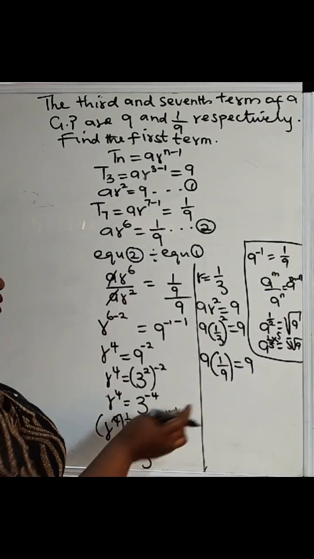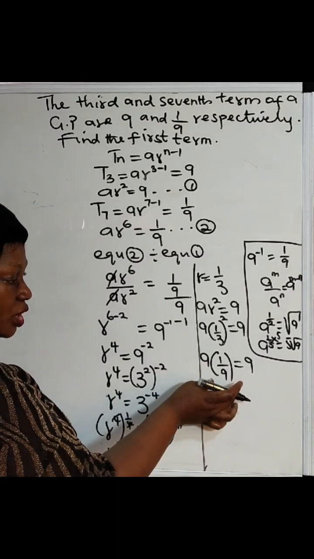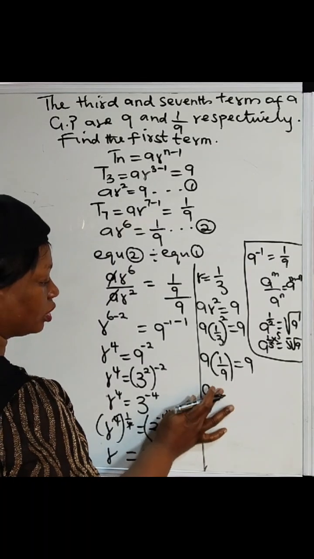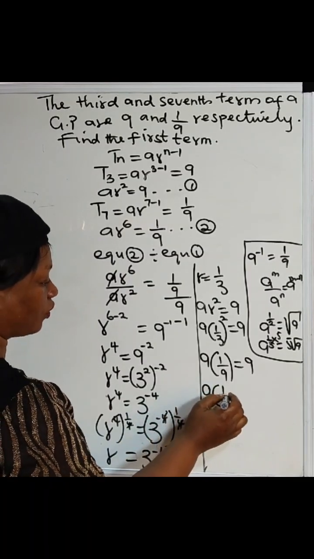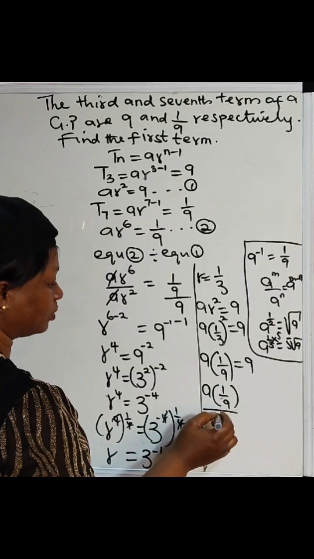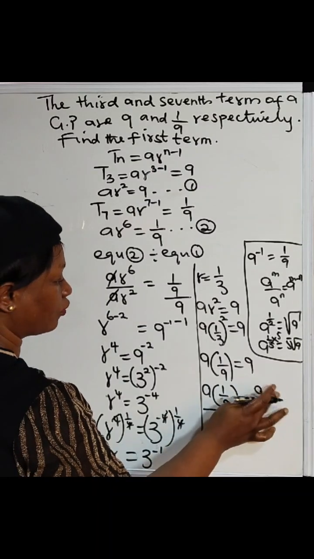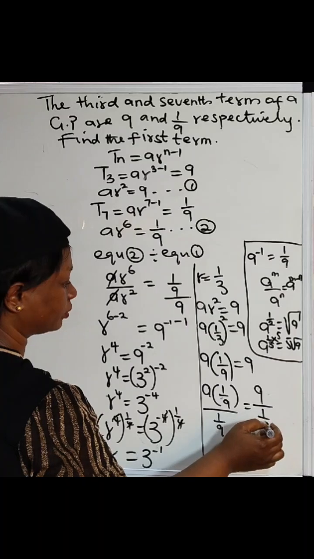We're going to divide both sides by the coefficient of a. So we have a is equal to 9 over 1 over 9.